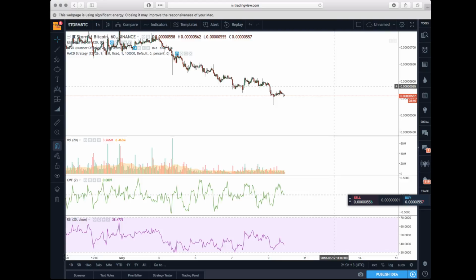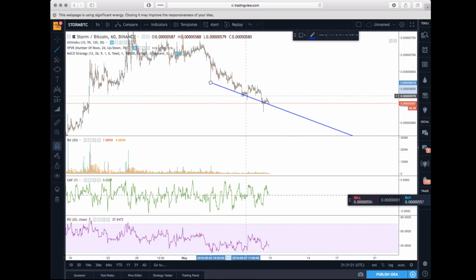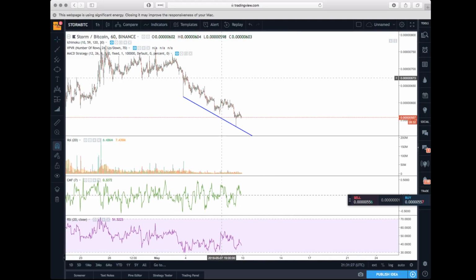Alright, so I'm seeing the potential for some patterns. So let's look at this. Let's see what we've got. Okay, so we've got 2 points there. The start of this.